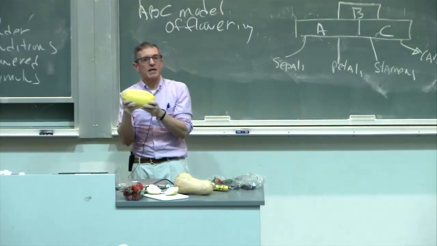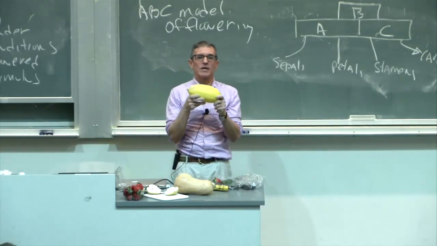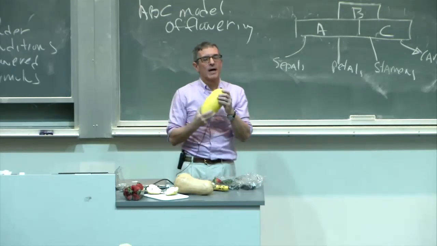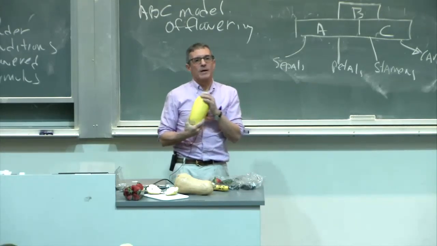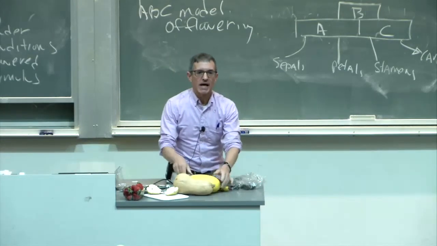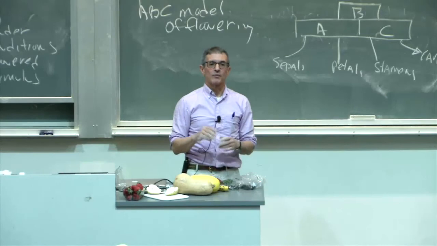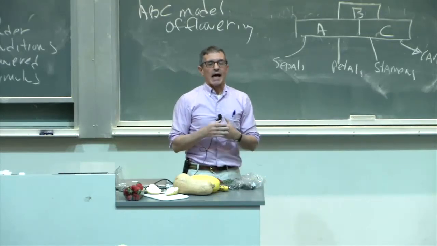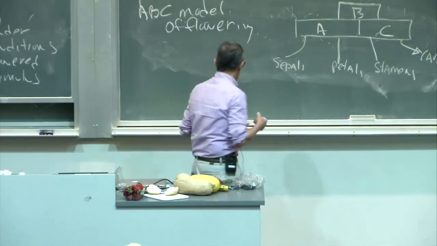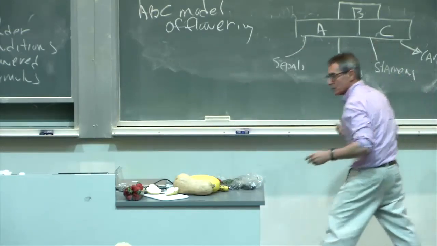So what is it about the seeds, if there is any correlation between the seeds and the particular fruit? And what was found when people analyzed the seeds was that the seeds turned out to be the site of production of a large number of growth regulators. But one growth regulator in particular attracted people's attention. So the seeds produced growth regulators.